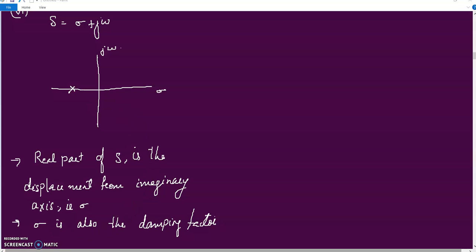For example, we have two poles. The displacement of this pole is greater than this pole. So as the displacement increases, the response decays faster. Here we have a response. Here we have another decaying response.